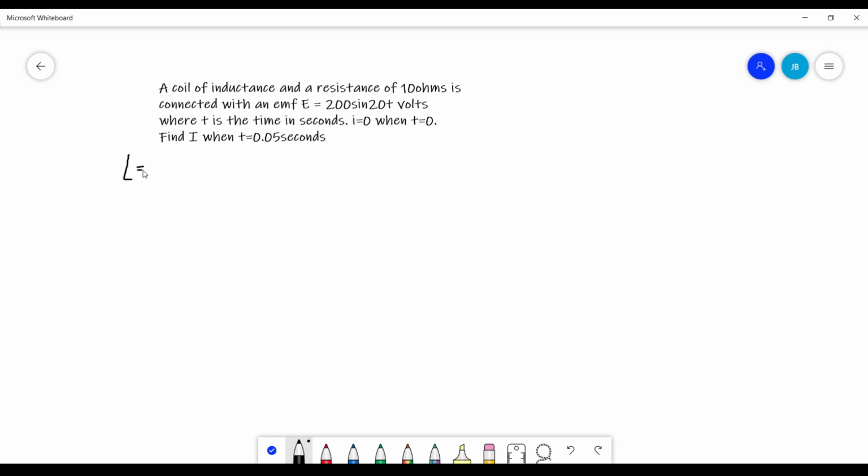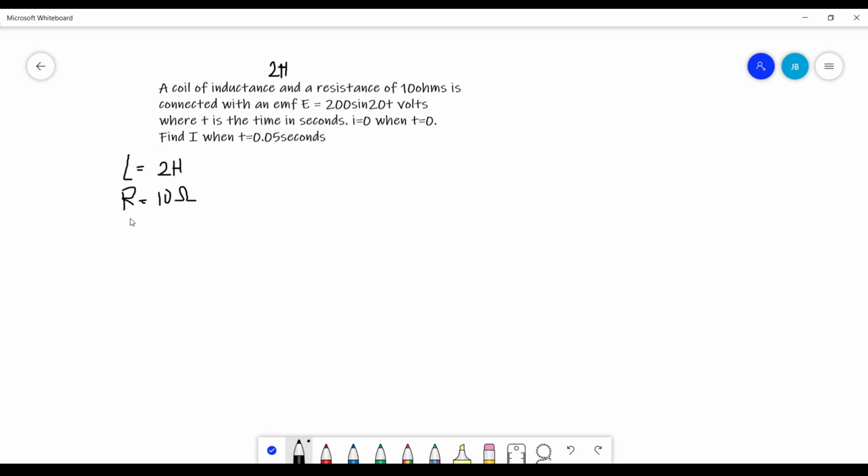L is equal to 2 henrys, right? Did I get that right? L, this is the inductance. Oh, not given, sorry. So a coil of inductance 2 henrys and a resistance of 10 ohms. So resistance is equal to 10 ohms.